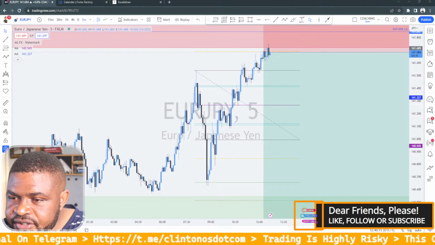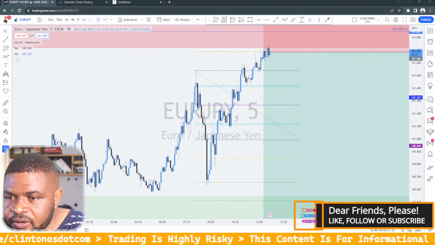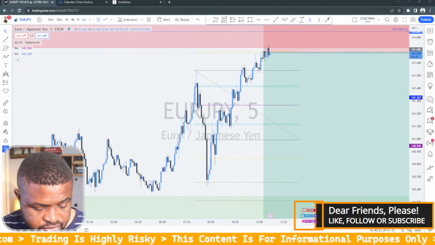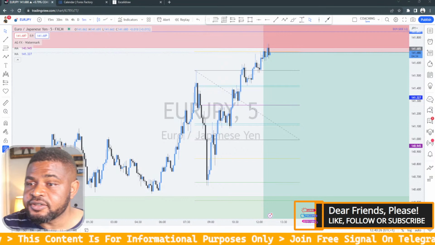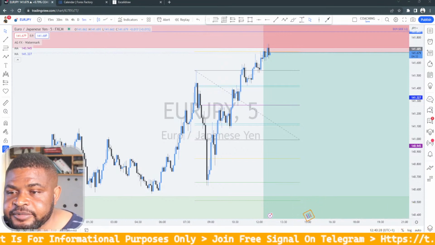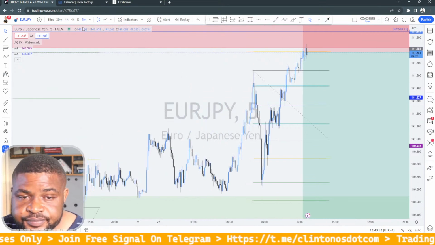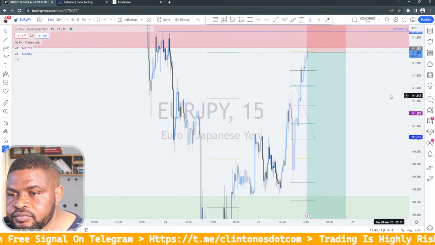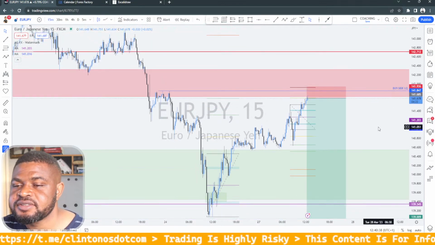This is risky. This is not advisable for anyone. This is not a valid trade setup, right? But I am taking it. Let's see if this works out.